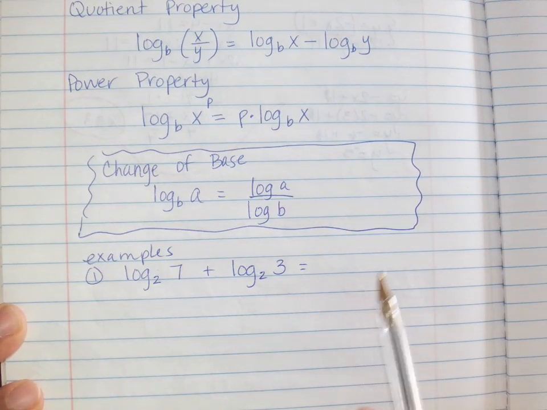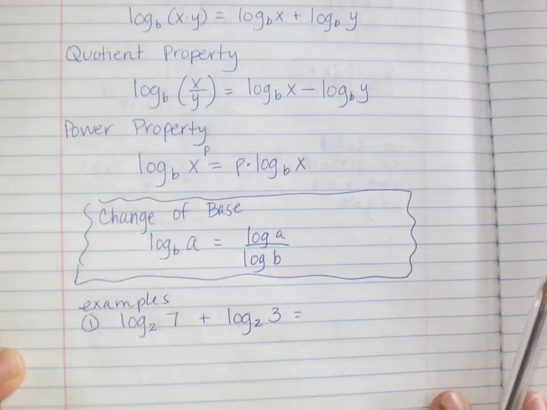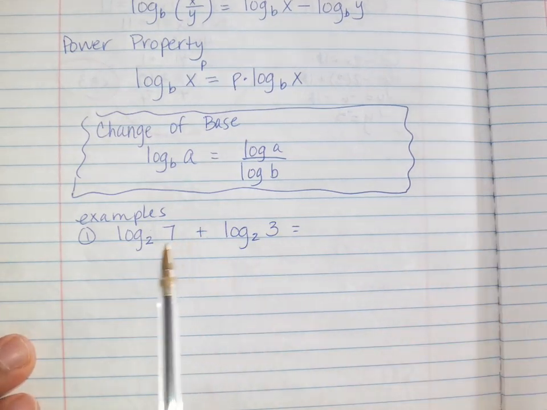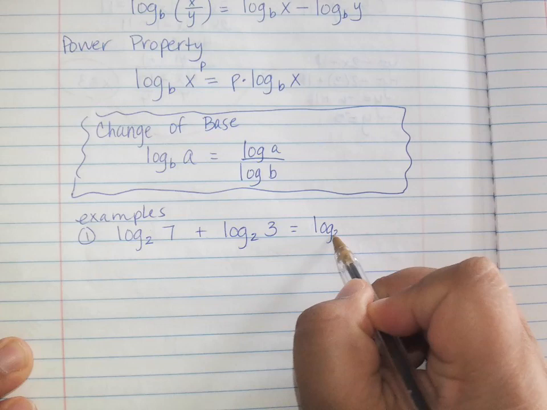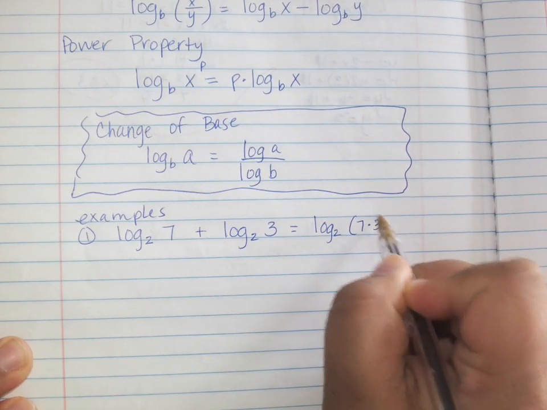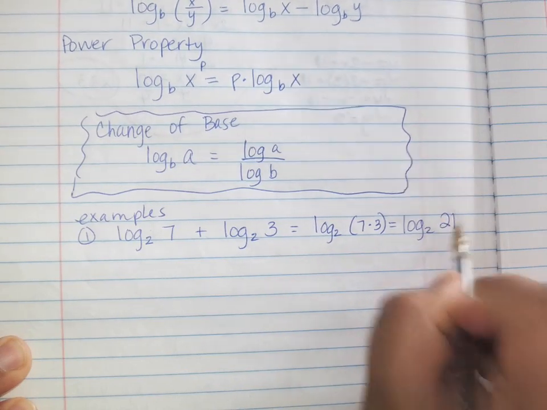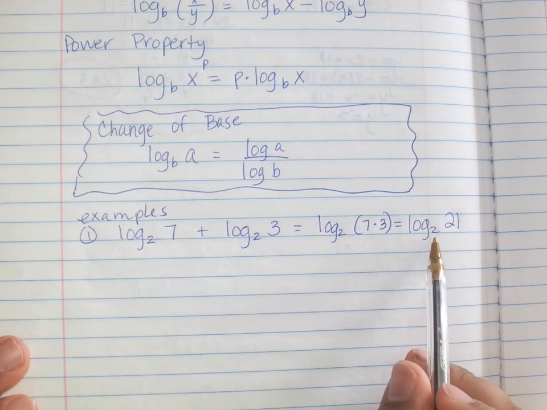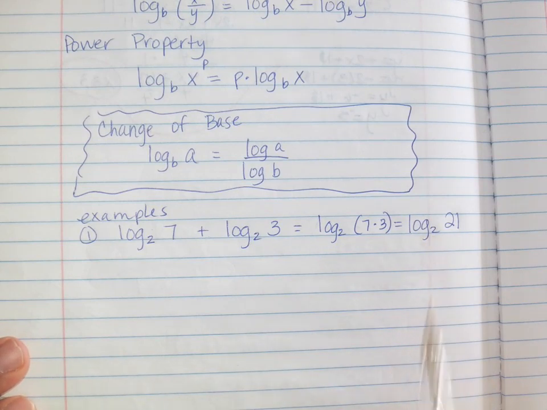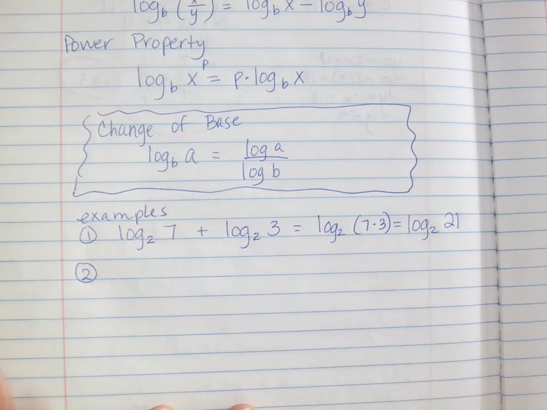It would actually be product property all the way at top. So I can actually multiply these, so that I would end up with log base 2 of 7 times 3, which is 21. And we can't really simplify that because there's nothing with 2 to any power that would be 21, so we would just leave it that way. Sometimes you can, sometimes you can't.